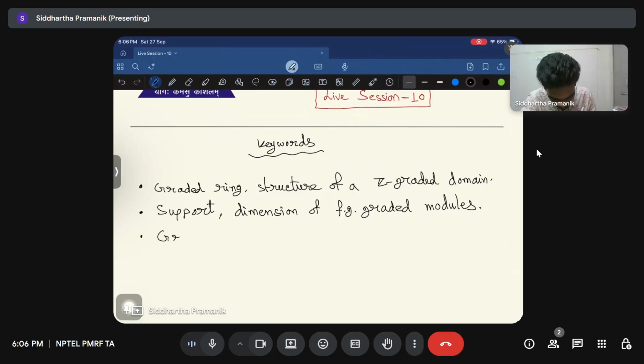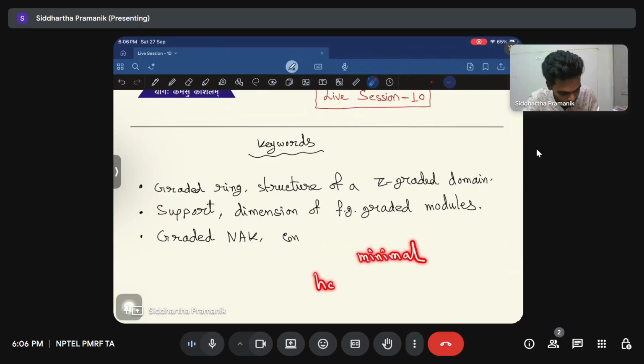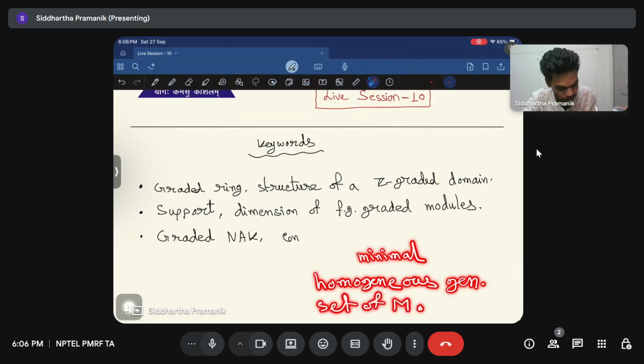So in particular, if you have a graded finitely generated module, then every minimal homogeneous generating set of M will have the same number of elements.